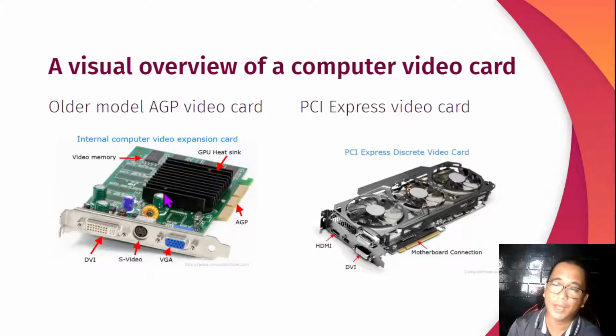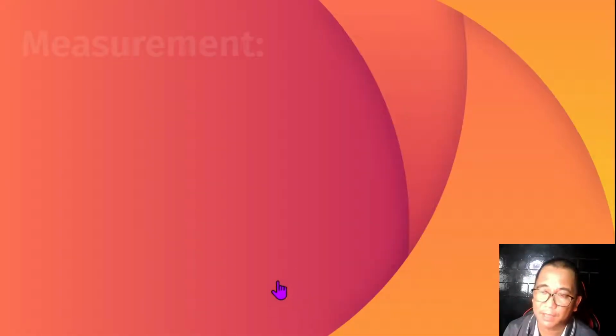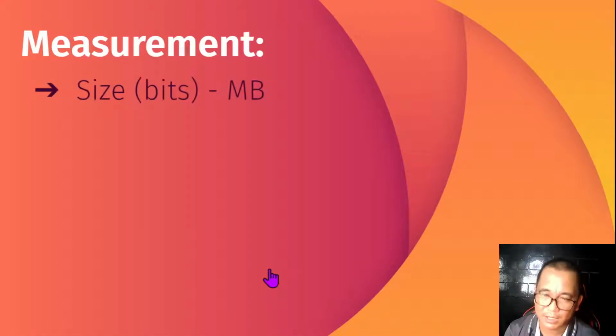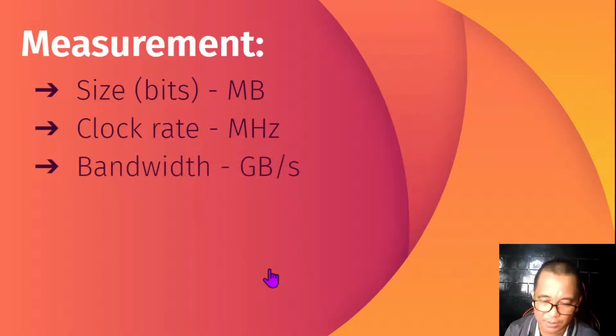So how else do we measure our video card? First is its size, which we express in MB. Then the clock rate in megahertz, and the bandwidth in GB. For example, its size is 128 MB with a clock rate of 2400 MHz and a bandwidth of 64 GB.